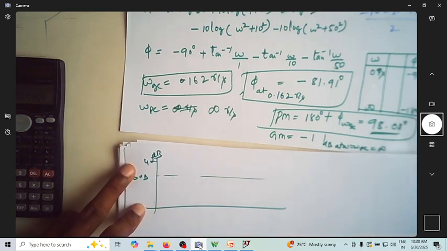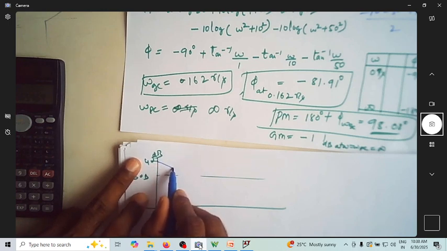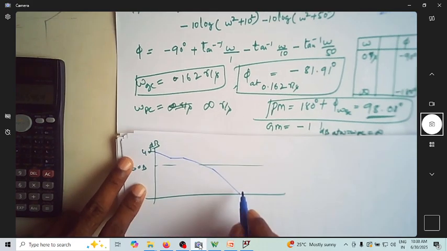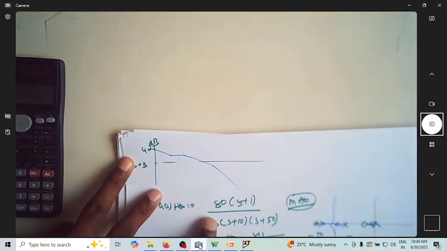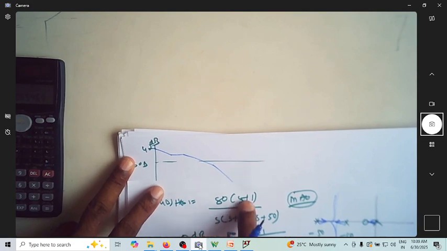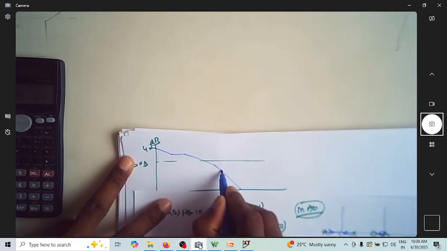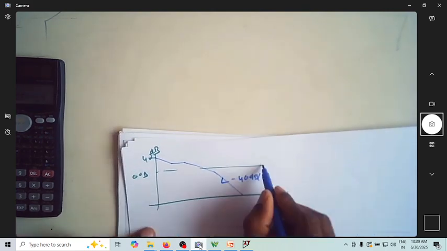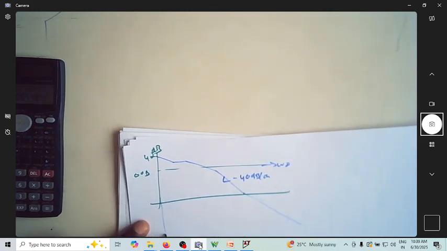It goes with a slope of minus 20, then it becomes flat, then becomes minus 20, then it is minus 40. This is how the plot will go. Initially minus 20, then it will become flat, minus 20, minus 20. So ultimately it is going at minus 40 dB per decade. When omega is infinity, this is 0 dB, and this keeps going negative.